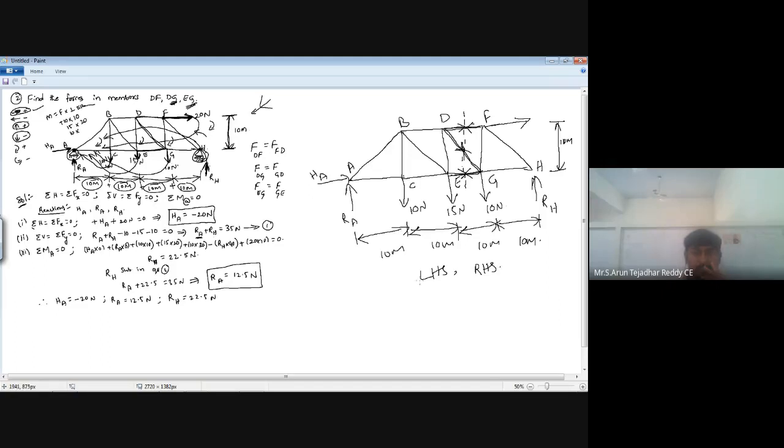You can consider any one part because LHS is equal to RHS only. So here I am considering RHS. Why? Because RHS I think is somewhat easy compared to LHS. RHS is a very small part, so we can consider RHS.